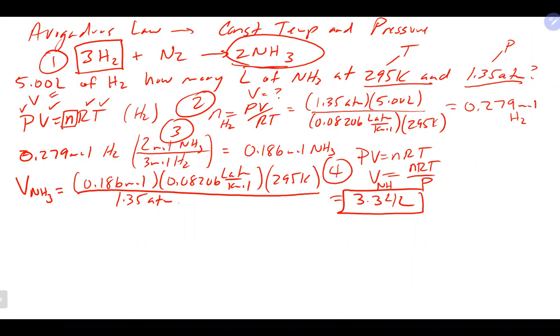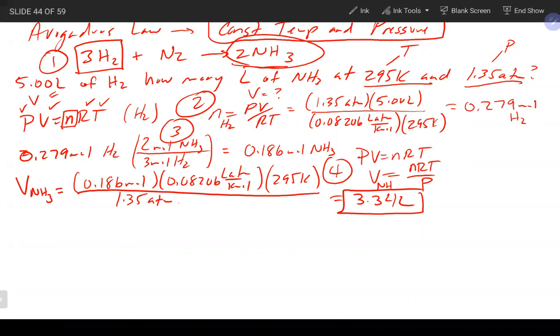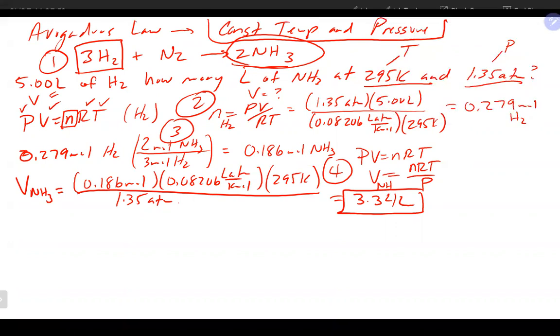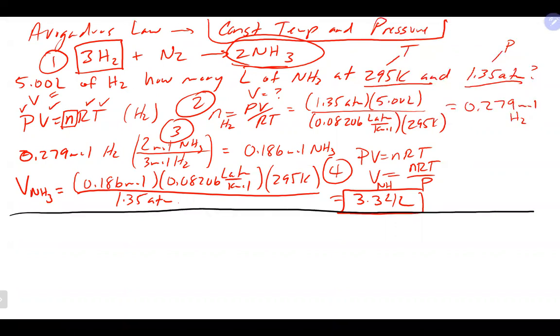Now, where Avogadro's law really comes into play and is really beneficial is the relationship at constant temperature and pressure: the moles and the volume are proportional. Which means if you can recognize this in this type of stoichiometry problem, and once again, it does have to be constant temperature and pressure and everybody's got to be gases, you can basically just do the stoichiometry starting with the liters.